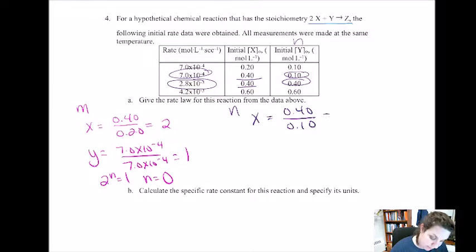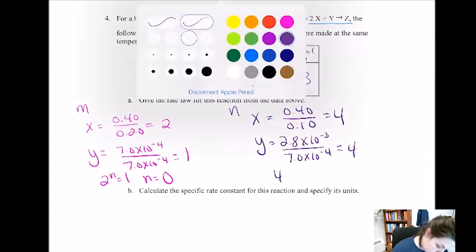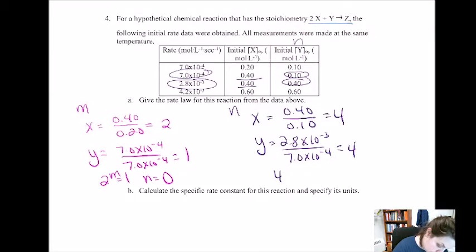We divide that out, we get a 4, and then we get a value of 4. So that means 4 to the n is equal to 4, so n is equal to 1.